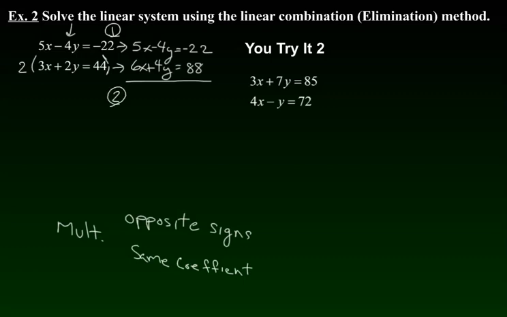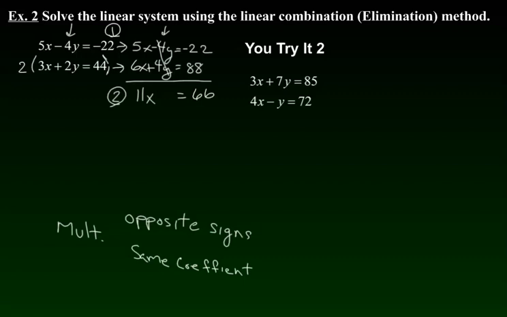And when we add, we get 11x. The y's cancel. And we have 88 minus 22, which is 66. So again, first step was to multiply so that we have the same numbers in front of y but the opposite signs.